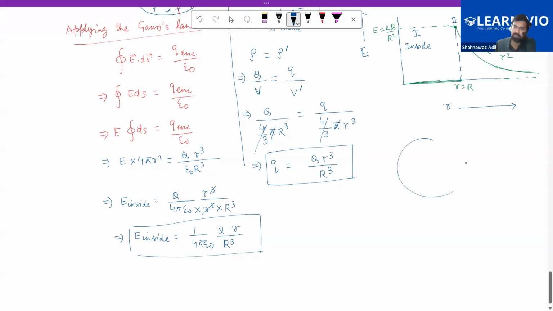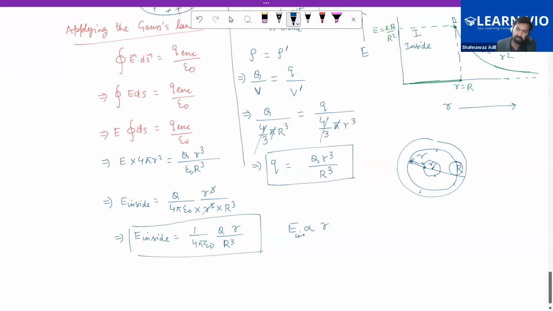So what we can do is calculate the electric field at this point, this point, this point, this point, this point. So this small r is changing, right? This r is a variable, but this one will always be fixed. This epsilon naught is fixed. So E is varying like r.